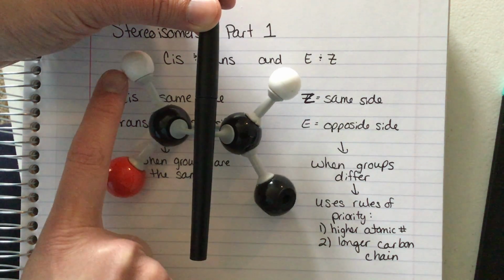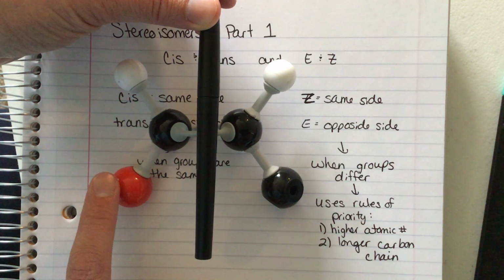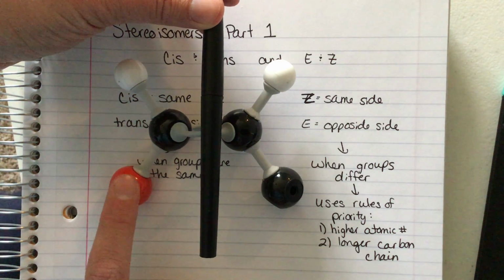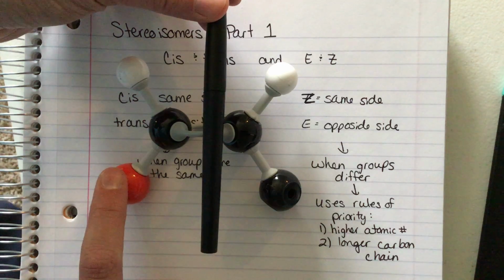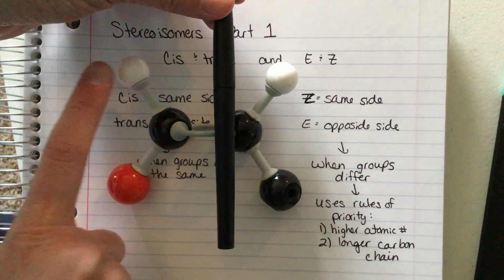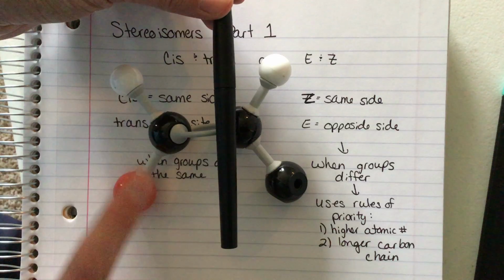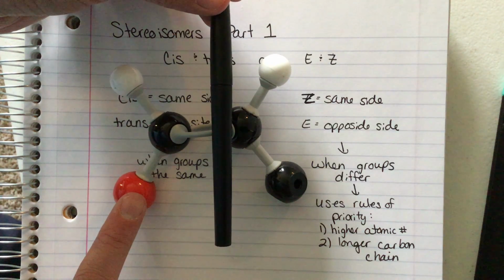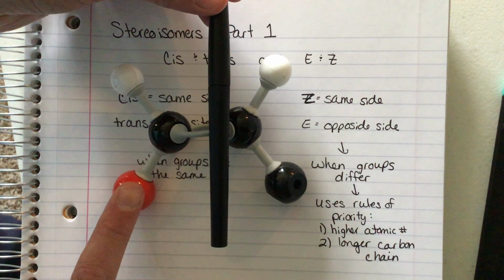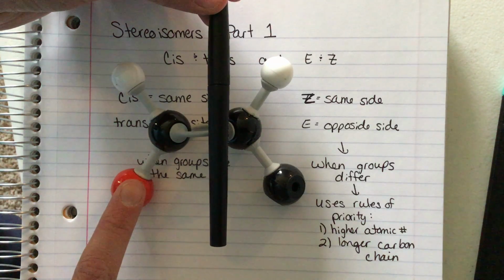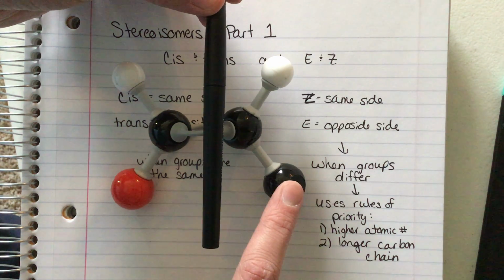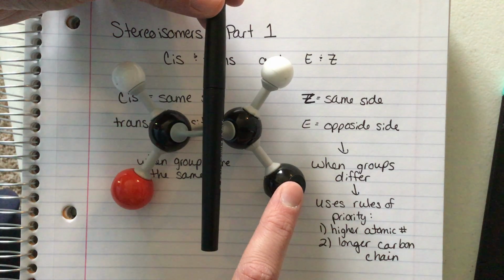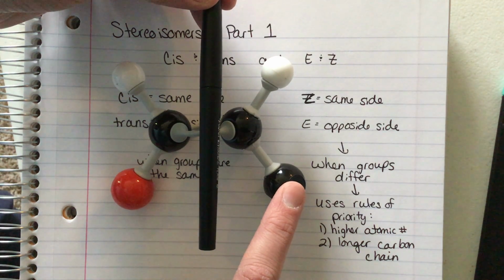So over here I have a hydrogen and I have an oxygen. So this is going to go by rule 1: the higher atomic number has priority. Hydrogen has atomic number 1, oxygen has atomic number 8. So this is my group of priority, my oxygen. On this other side, I just put a carbon here to represent a carbon.